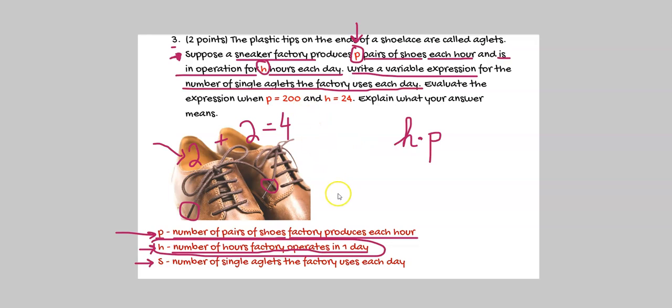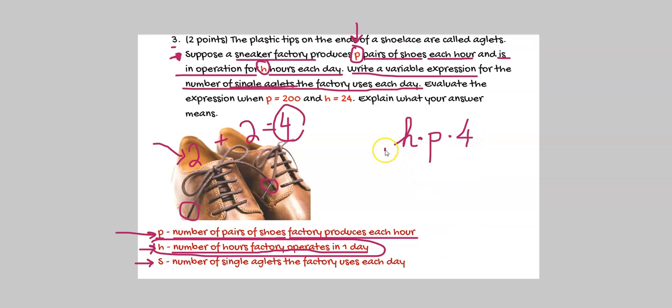All right. Now we will get the number of pairs of shoes, but we need the number of single aglets. So again, we have to multiply by how many of these aglets we have on one pair of shoes. And we said we have 4 of them, which means we have to multiply by 4.